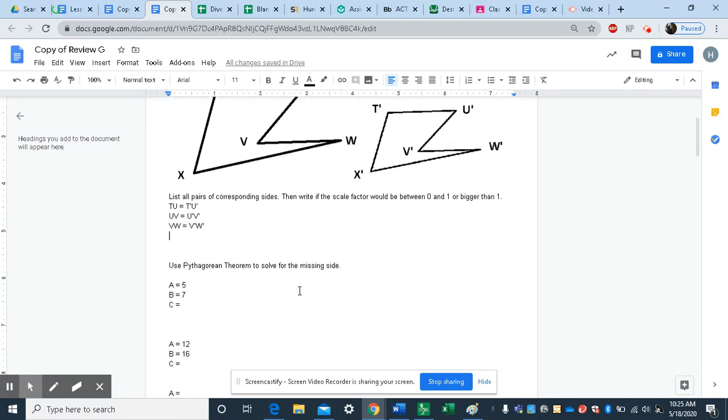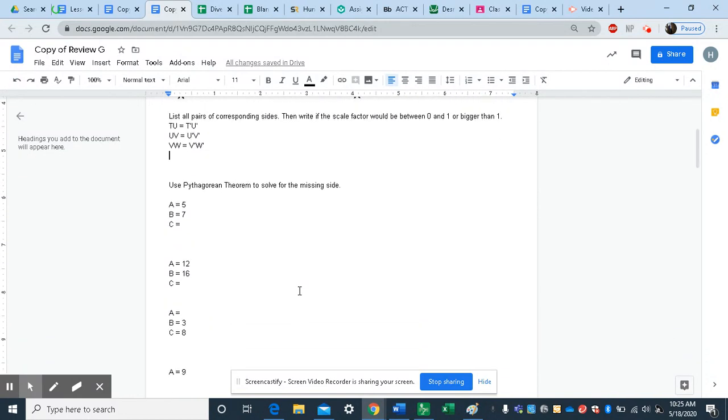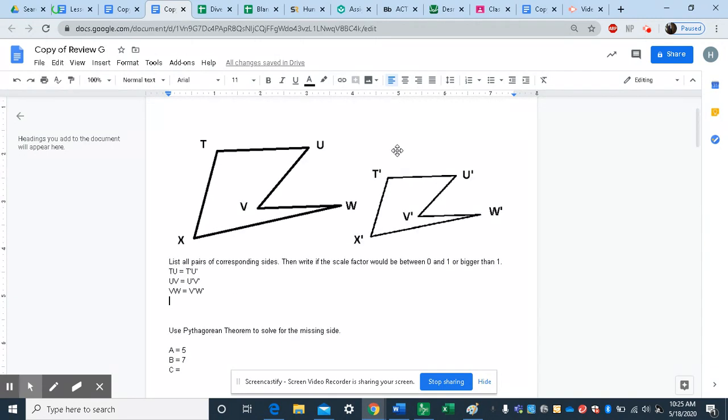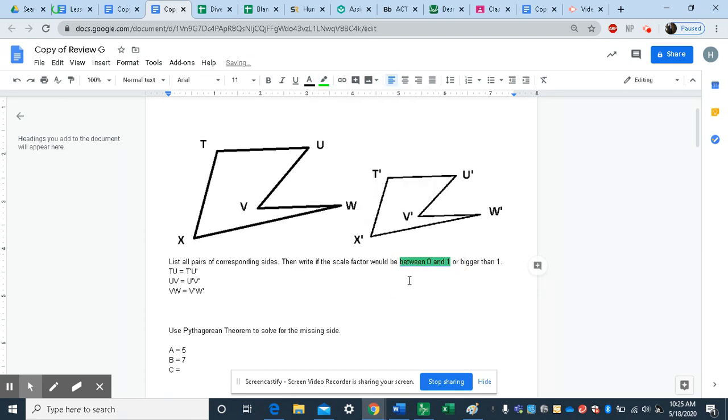We're not doing all of them, so that you can check your work. For the scale factor, looking at the picture, is the prime bigger or smaller than the original? The prime is smaller, so the scale factor would be between 0 and 1.